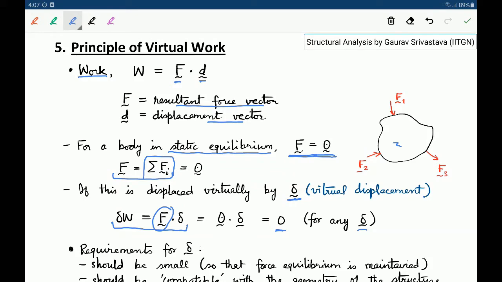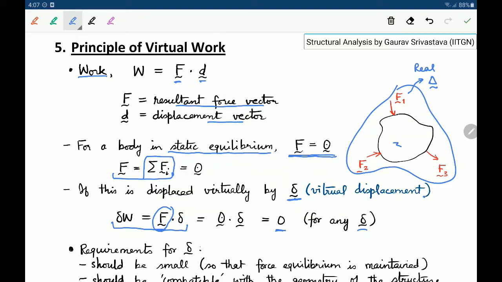Now it is possible that because of this acting force field, there is a real displacement, which is a consequence of the forces acting on it. So this body may have some real displacement also, but here we are interested in a body under static equilibrium, which means this resultant force vector F is zero.